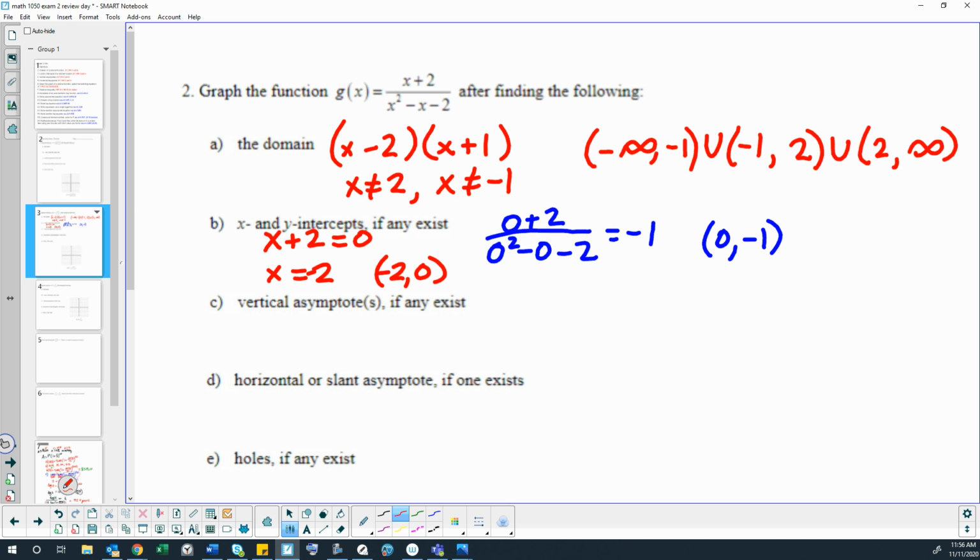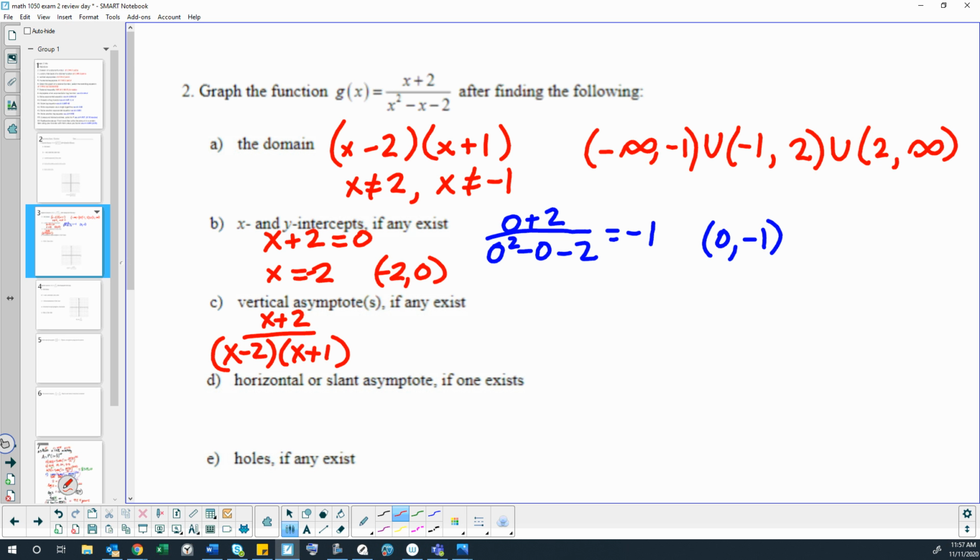So anyway, this particular problem, we have x plus 2 over x minus 2 times x plus 1. Now, if that had been an x plus 2, then those would reduce, and we would only have one asymptote at -1. But because that's a 2 and because those factors are different, nothing reduces.